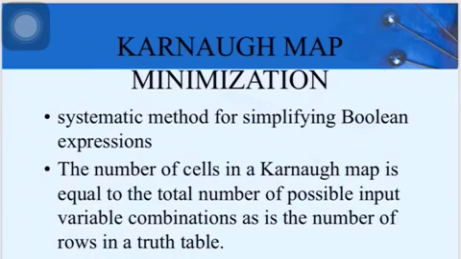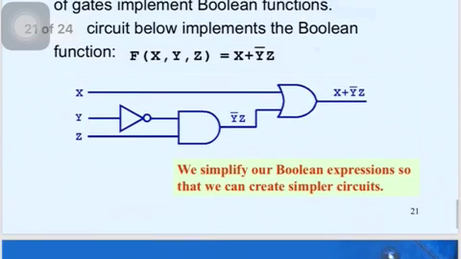How many cells do we need to take in the coordinate map? If there is a 3 variable expression, let us suppose the previous expression f of x comma y comma z, here we are using 3 variables. When there are 3 variables, we use 2 power 3 cells, that is 8 cells in the coordinate map.